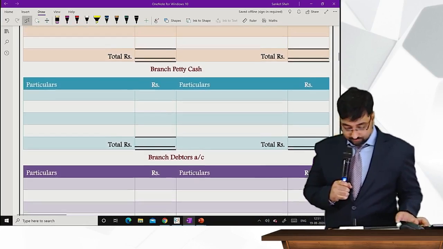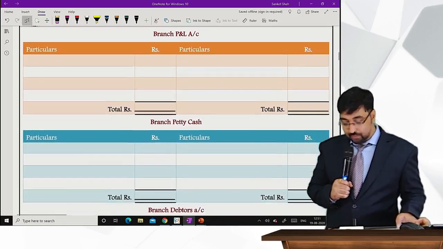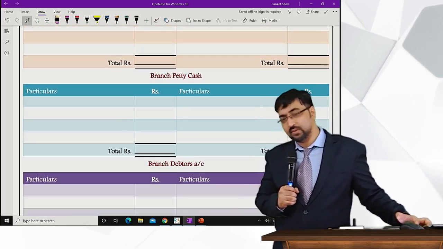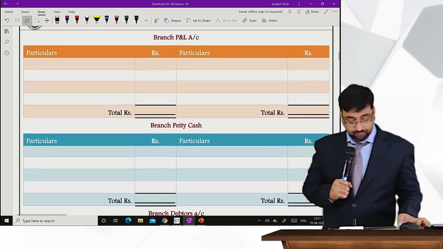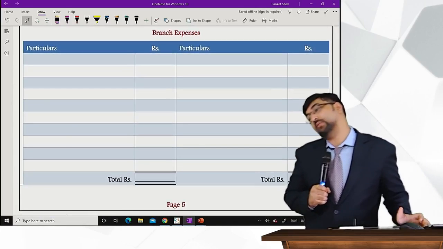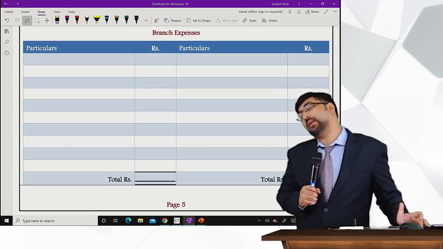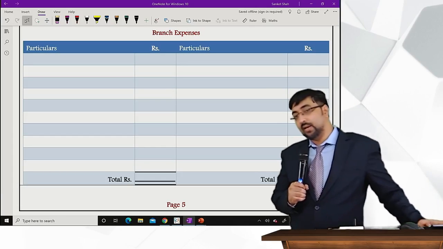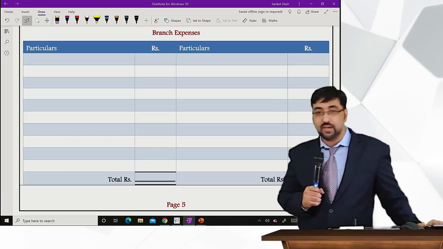Next account is branch petty cash account, 6 lines, sufficient. Then branch expense account, 8 lines or 7 lines. And last, branch P&L account.